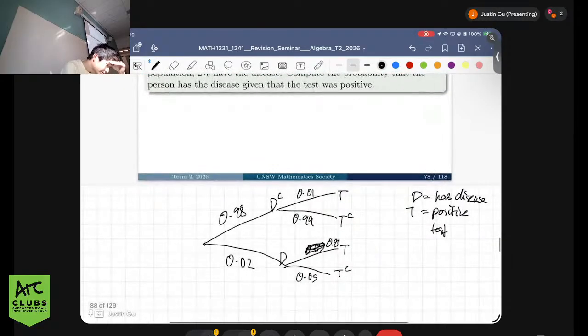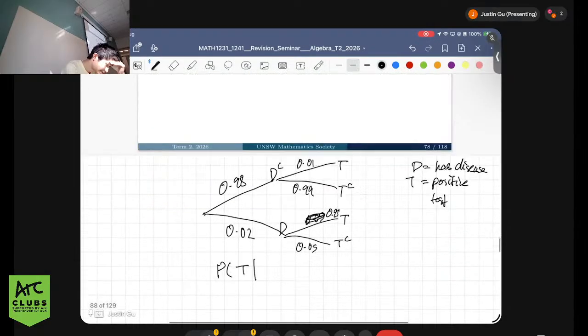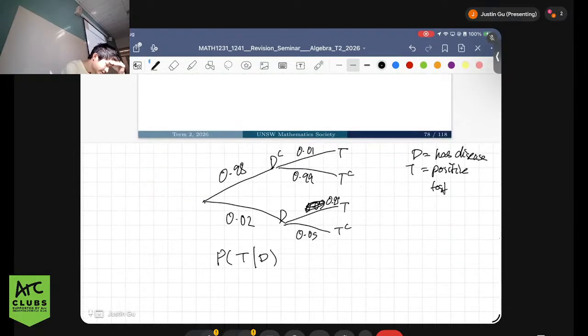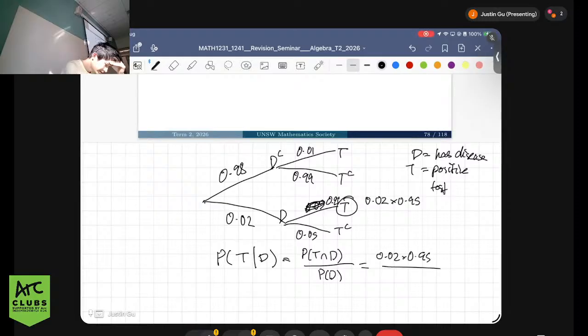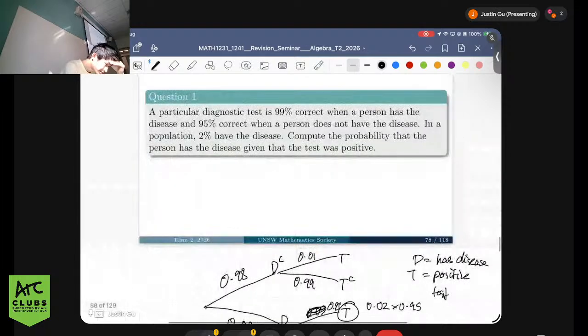So we want the probability of the test being positive given that the person has the disease. That's the probability of the test being positive and having the disease divided by the probability of having the disease, which is 0.02 times 0.95 divided by 0.02, which is 0.95.